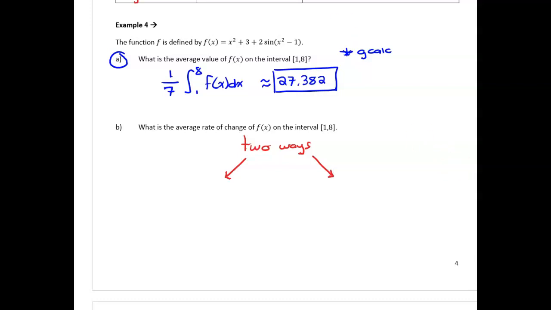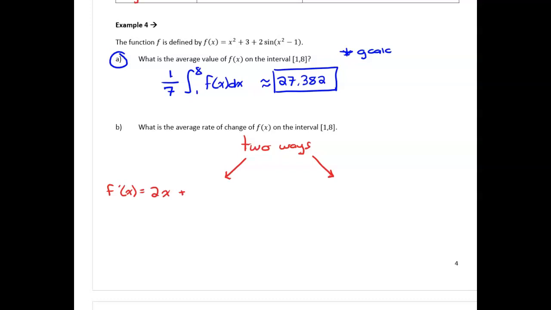All right, so if I were to figure out the average rate of change of f of x, the long way we could do this is figure out the rate of change of x, which is f prime of x. If I take my derivative, this is 2x plus, ooh, we got a nice little chain rule here. First off, derivative of 3 is 0.